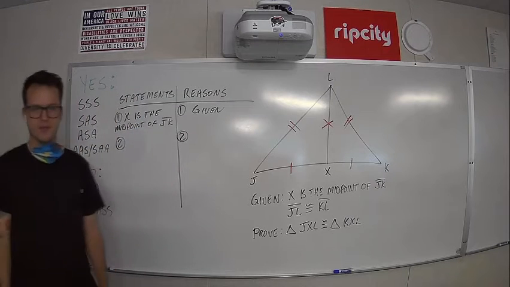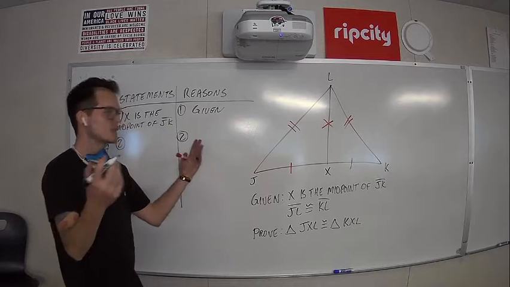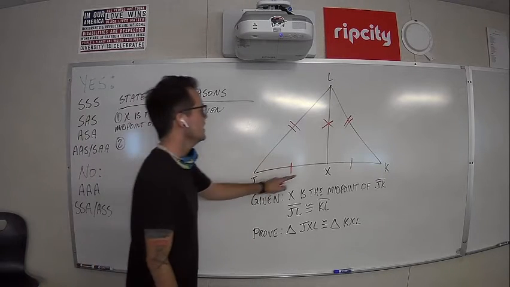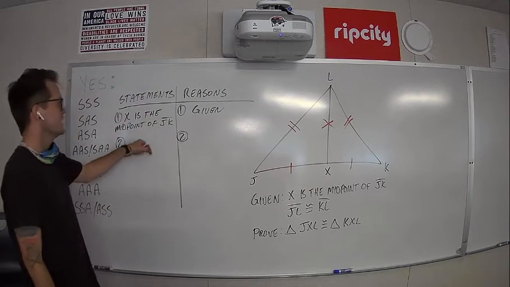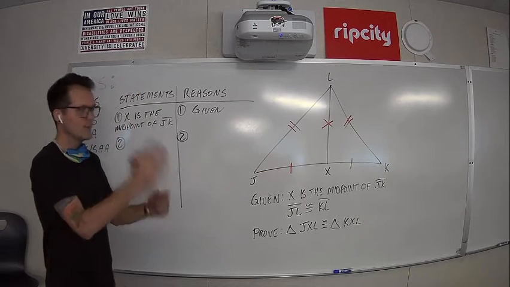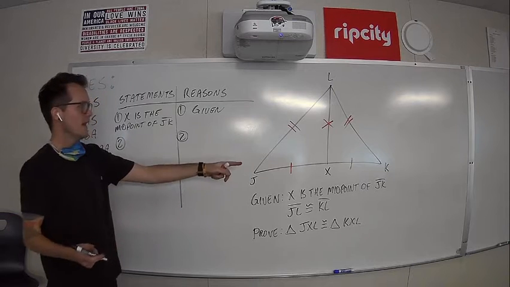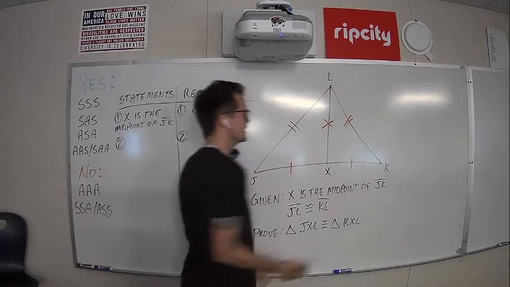Let's build on what we have here. We made a big discovery based on this one given piece of information. We learned that JX and KX were congruent to one another because of this fact. And this fact told us that this is the midpoint, so it's going to chop that line in half. So by the definition of midpoints, we know that X is exactly in the middle, which creates two corresponding segments.